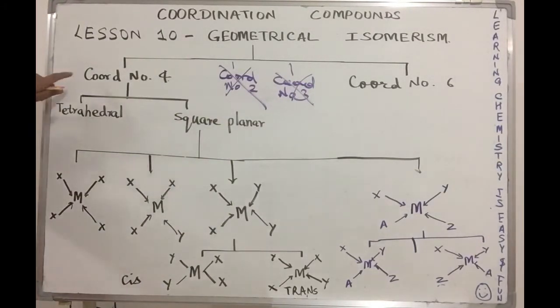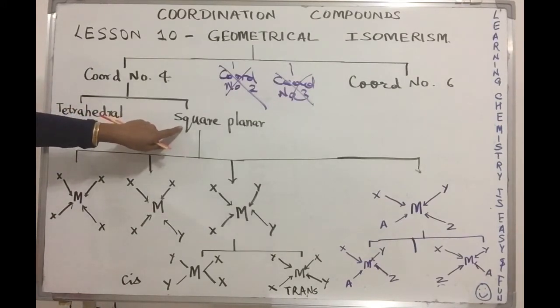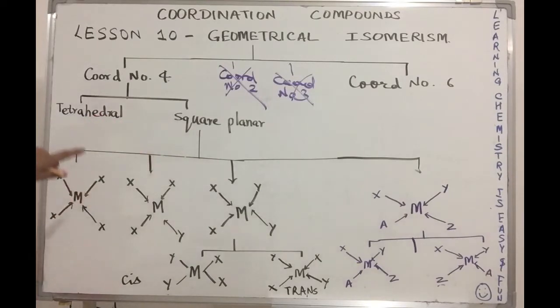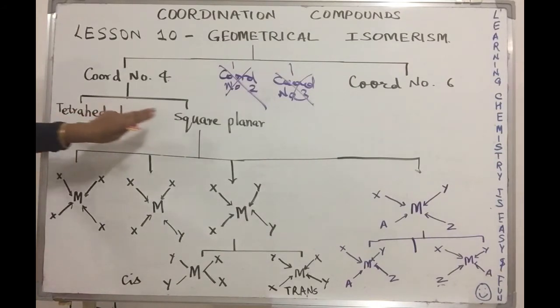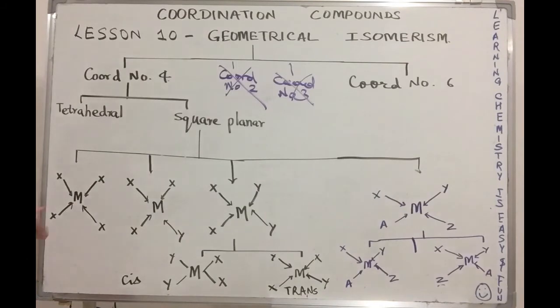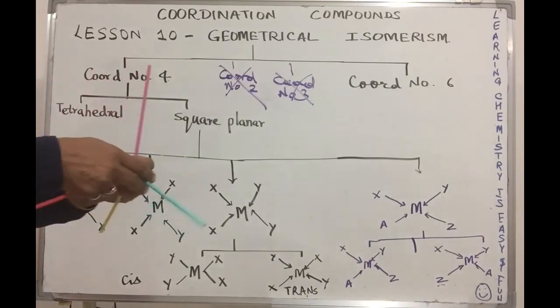So we go on to coordination number 4. Coordination number 4 means there are two possible arrangements. We have done this under the structure of coordination compounds, tetrahedral and square planar. So let's first see the tetrahedral. Now I'm straight away going on to 4 different ligands.